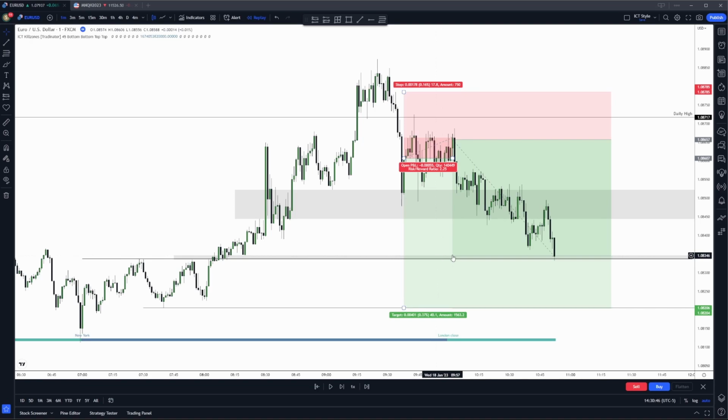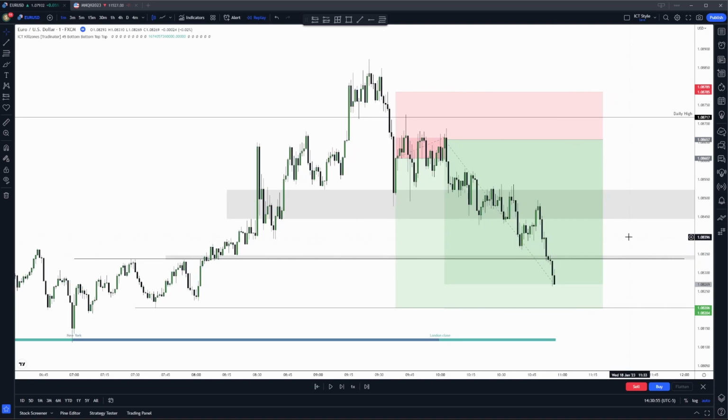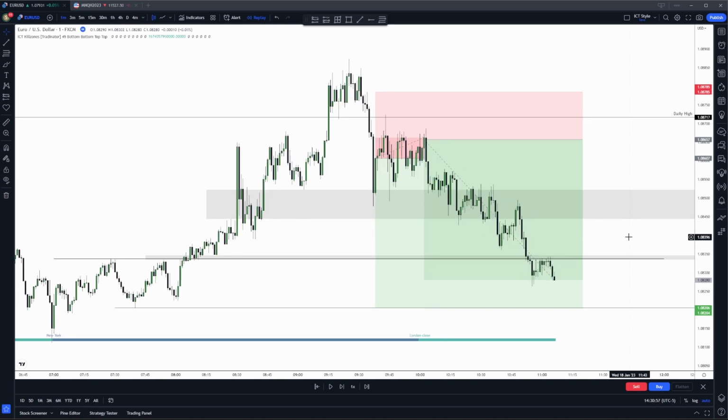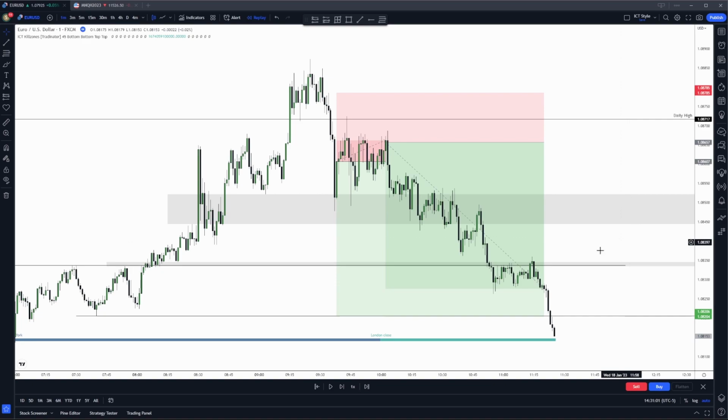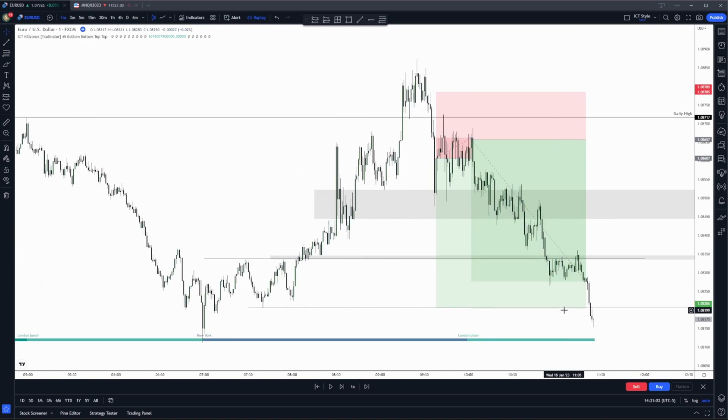So it was, let's see, it was 5.7 R that I could have gotten, and I took off half of it right here. And then I saw price doing some funky business. Till at the end, right here, I decided to close my full position. I closed fully right here. And that was a trade for me.